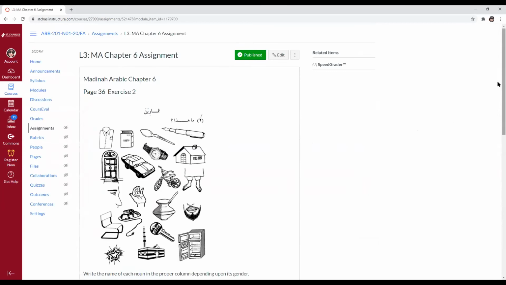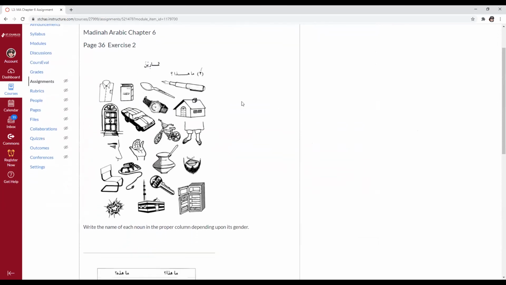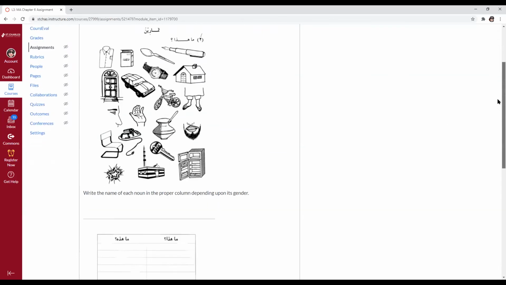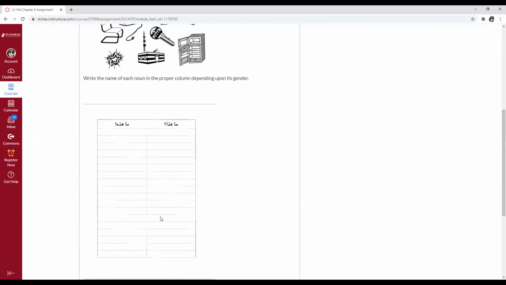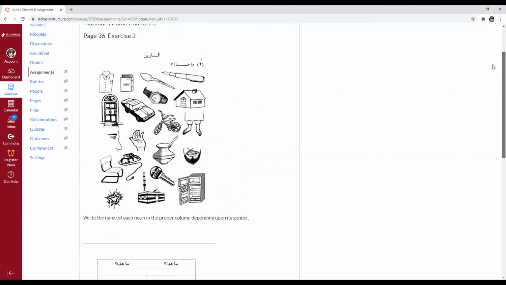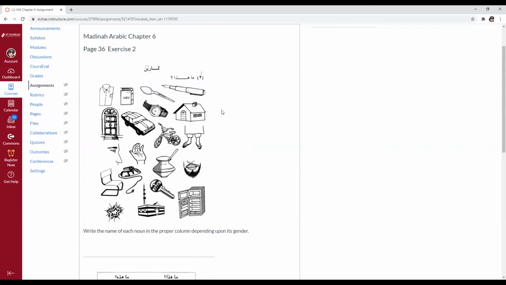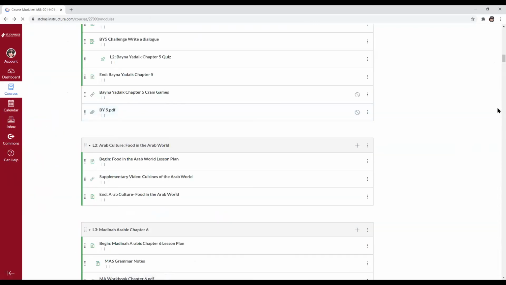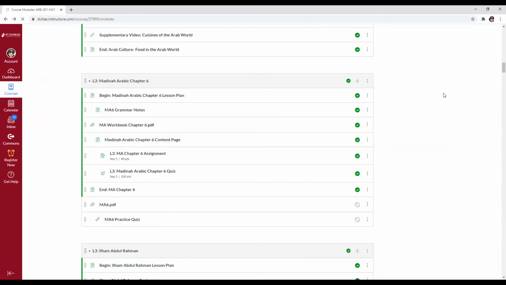You need to look at each picture and write the word for that picture in the chart, in the proper column. So you have to determine first what it is, and then determine which gender it is. And remember those rules for hands and feet and things like that. So that's one. And then you also have a chapter quiz, so you'll want to finish up that chapter.